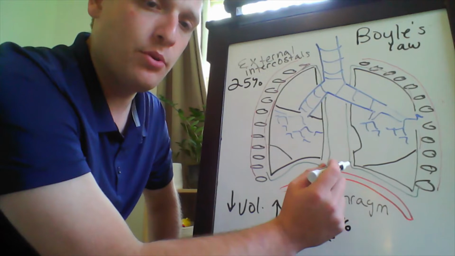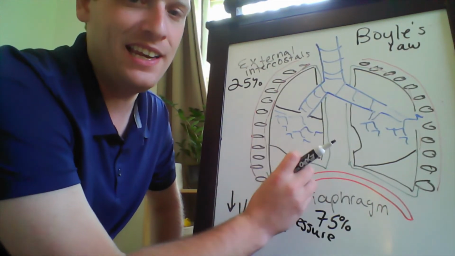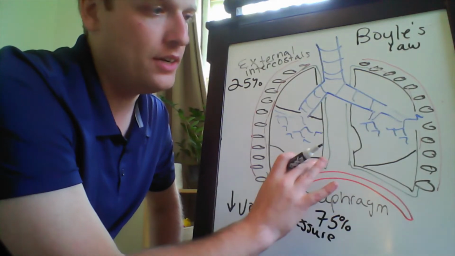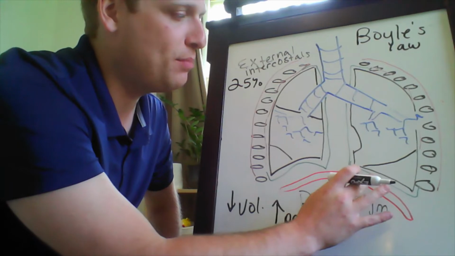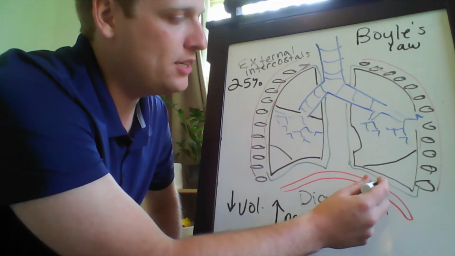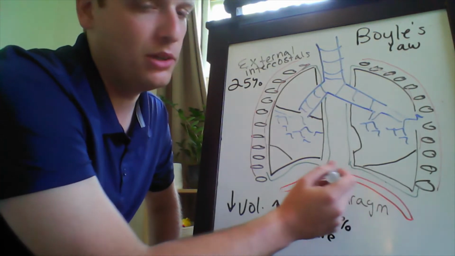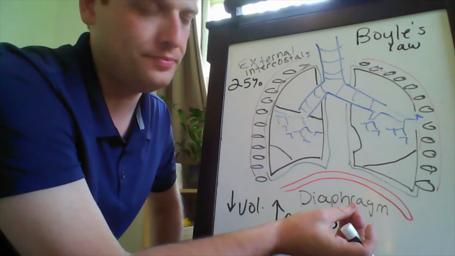Now, one really important thing is that within those pleural cavities, there is negative pressure. Without thinking too hard about it, what negative pressure means inside that pleural cavity is it's basically going to cause the two membranes of the pleural cavity to stick to one another. It's going to create a vacuum.